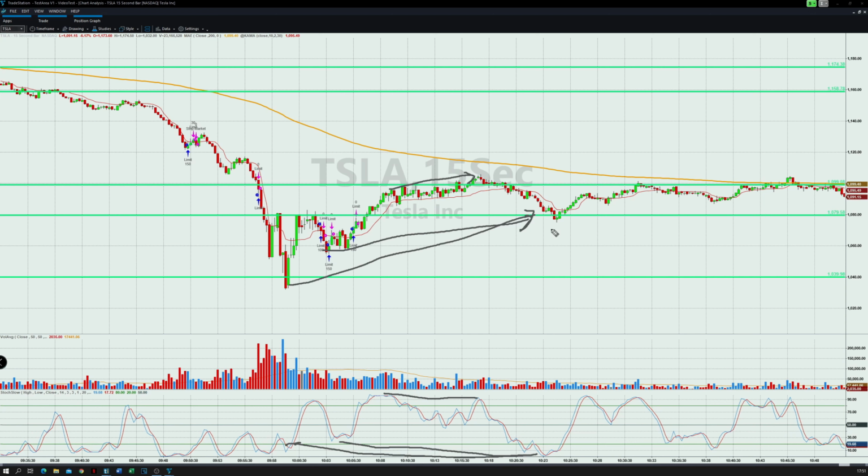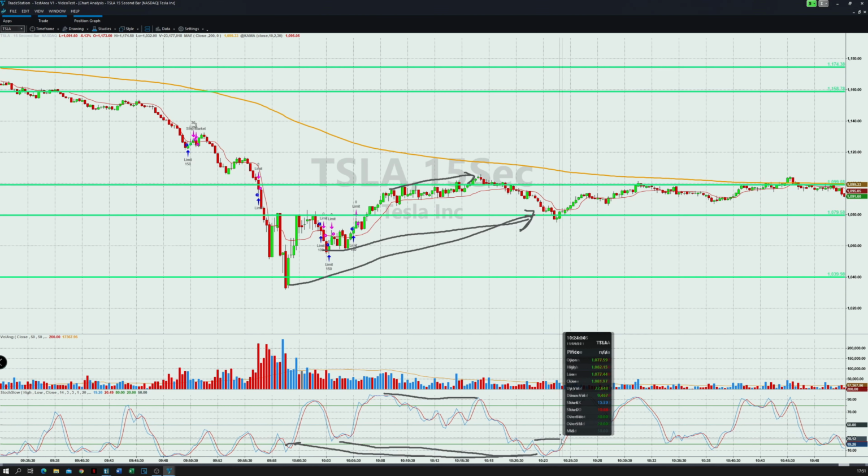So perfect entry here. You want to enter above this line, you can enter with this candle. Above this line, it didn't enter. So above this candle, this is a doji, nice entry, stop loss below, and move to the upside.